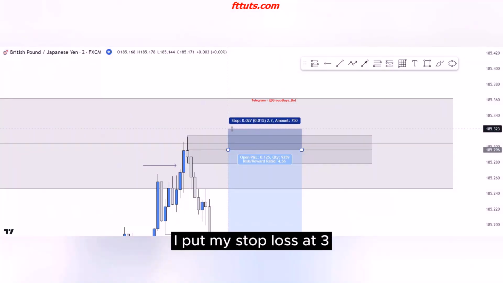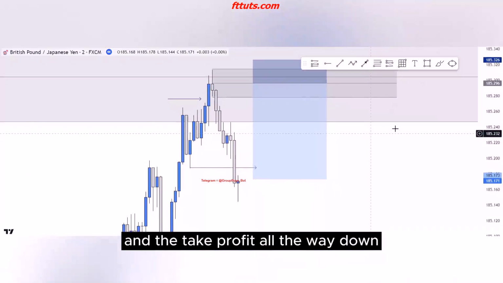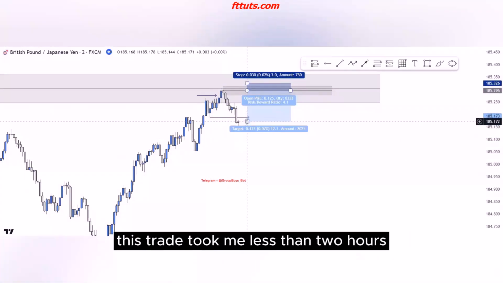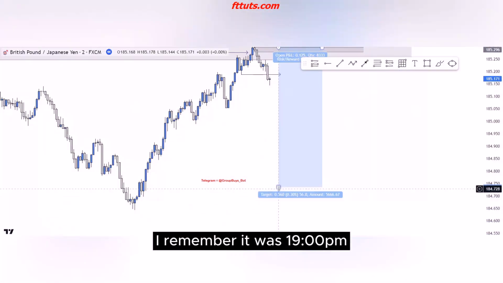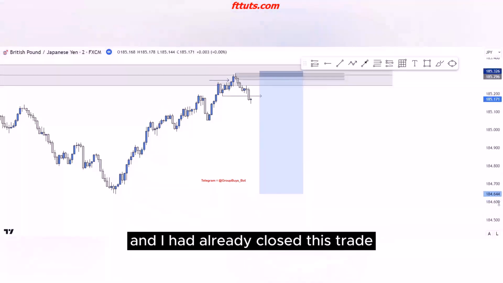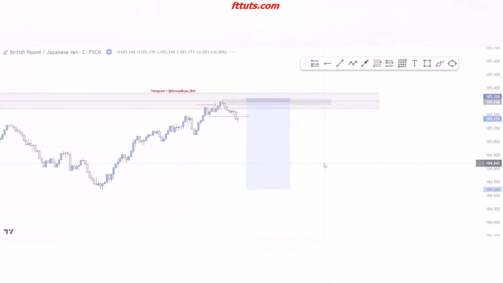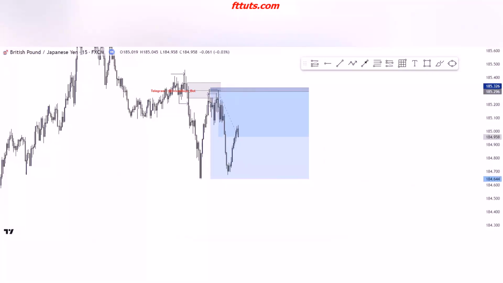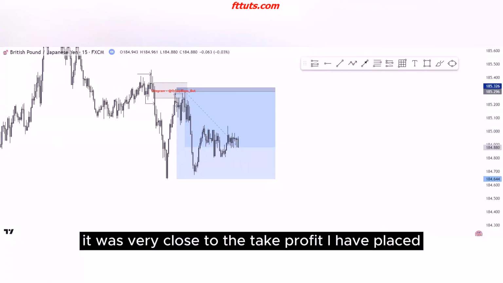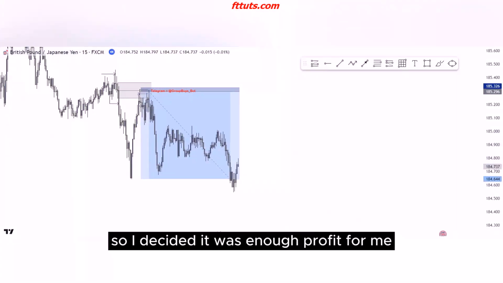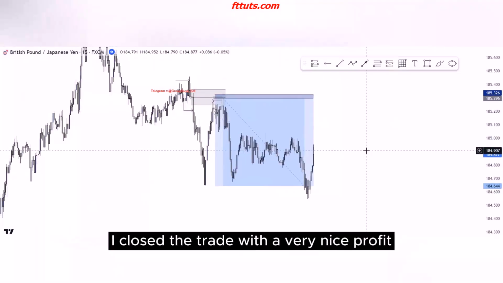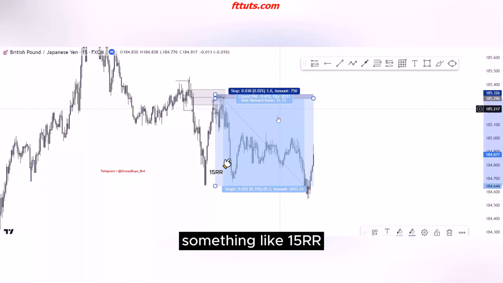I put my stop loss at 3 and the take profit all the way down. This trade took me less than 2 hours. I remember it was 7 p.m. and I had already closed this trade. It was very close to the take profit I'd placed, so I decided it was enough profit for me. I closed the trade with a very nice profit, something like $15.